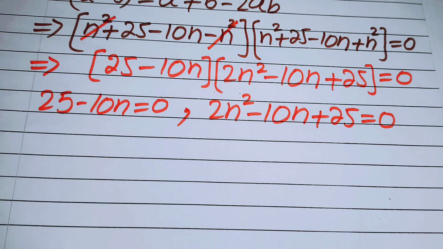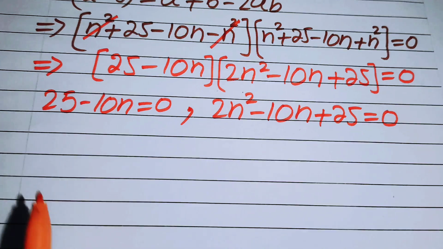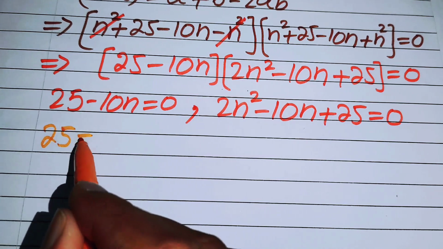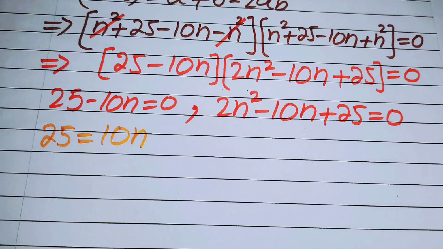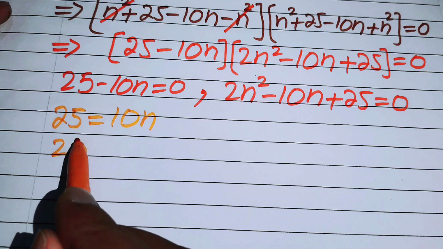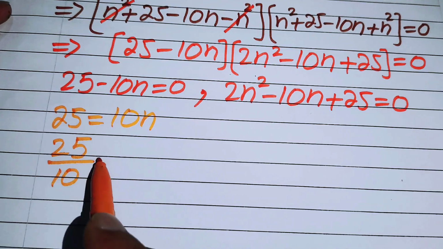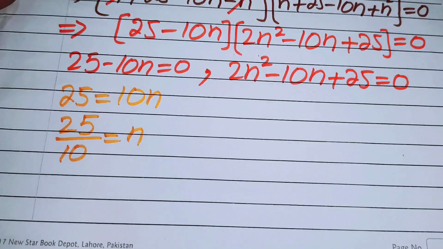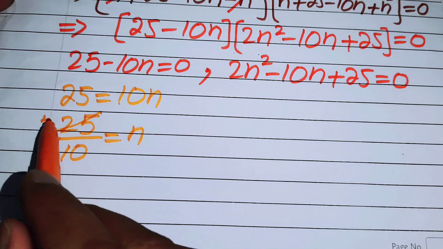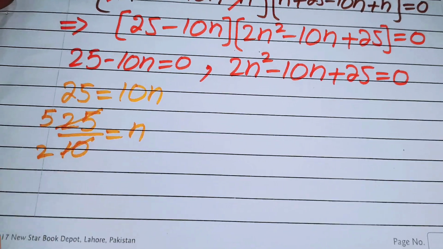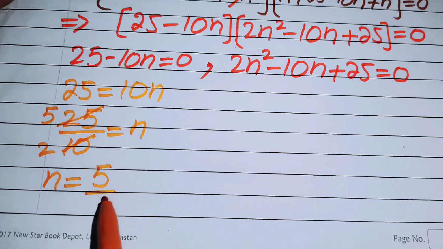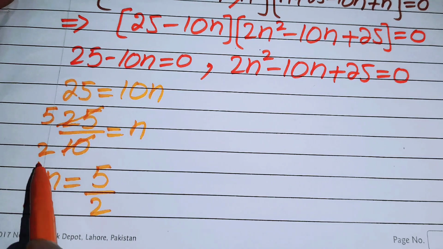In the next step, first I solve the first case, and in this case we have 25 equals 10n, and we move this 10 to the left hand side and we obtain 25 over 10 equals n, and it will be cancelled out by the table of 5: 5 fives are 25, 5 twos are 10, and finally you get the first real root of this problem, which is n equals 5 over 2.